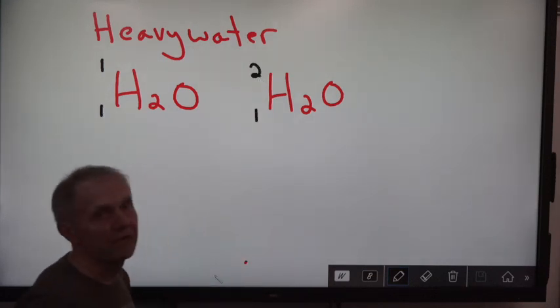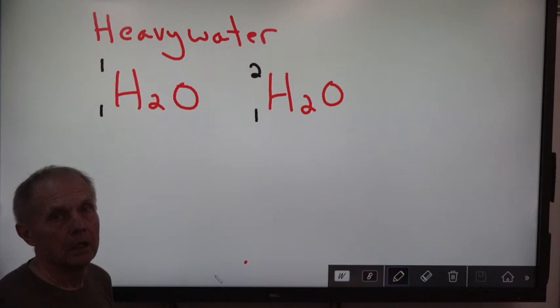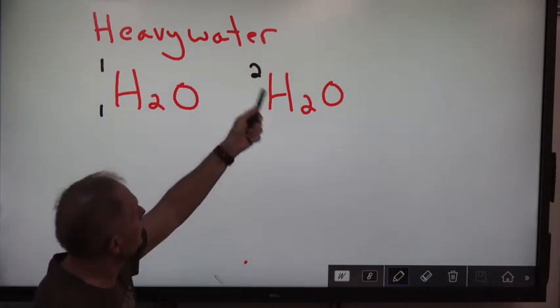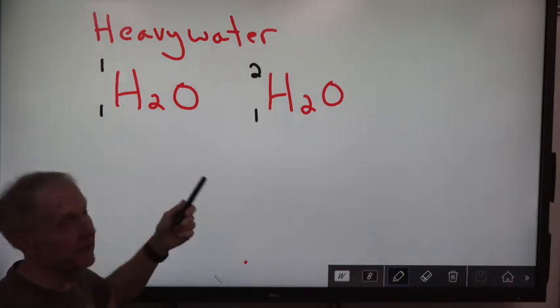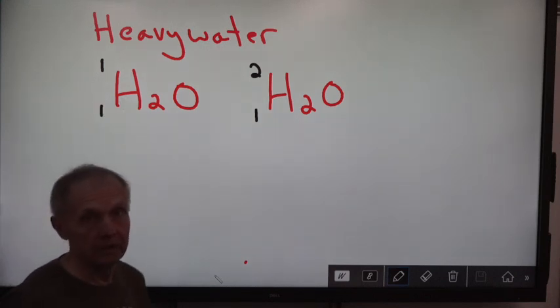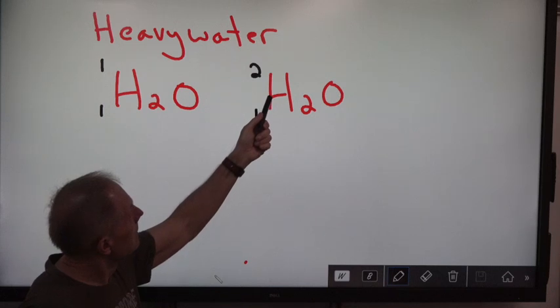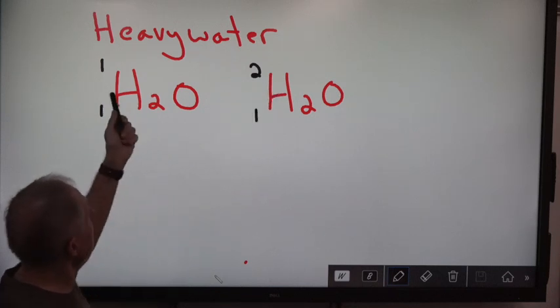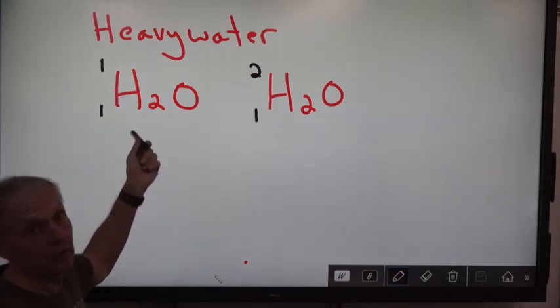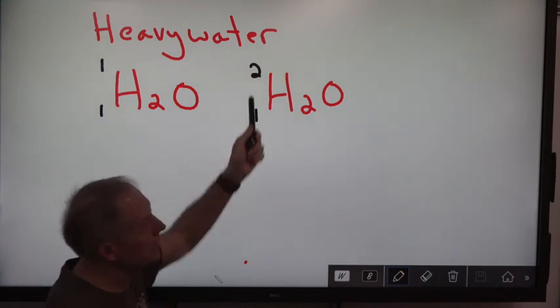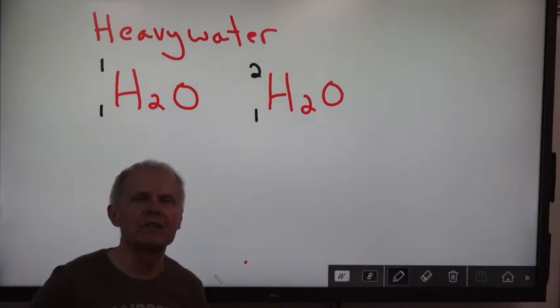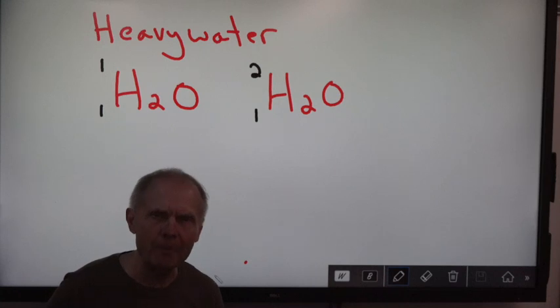So, heavy water, the isotope of hydrogen is 2, and in regular water, it's 1. And just that extra neutron, because remember, regular water, hydrogen has no neutron, but just that little neutron there makes the water heavy, but it gives us unbelievable properties.